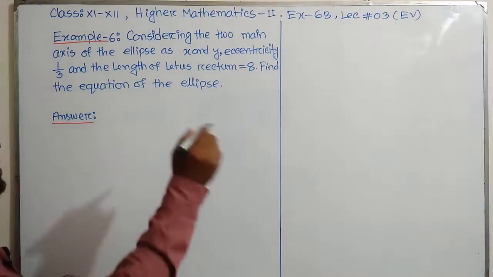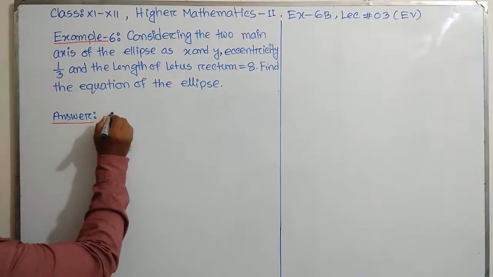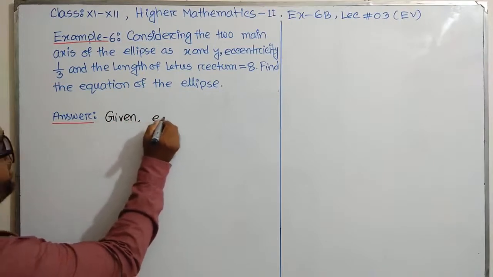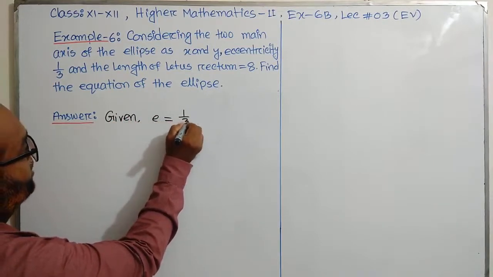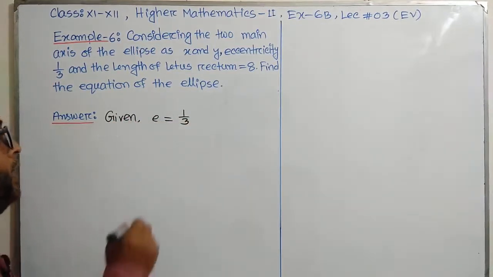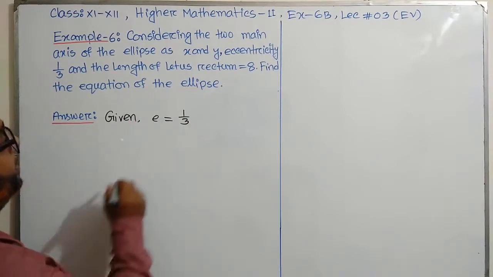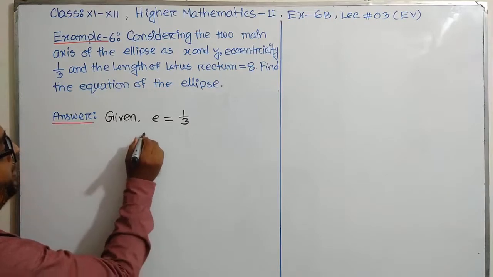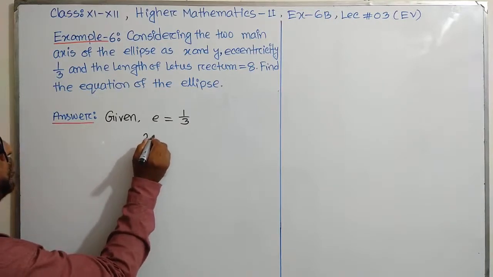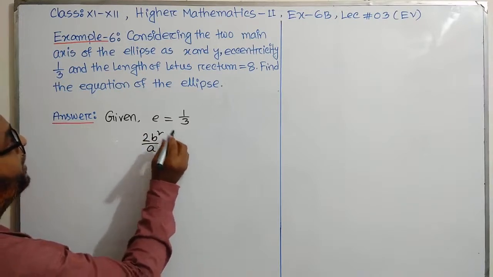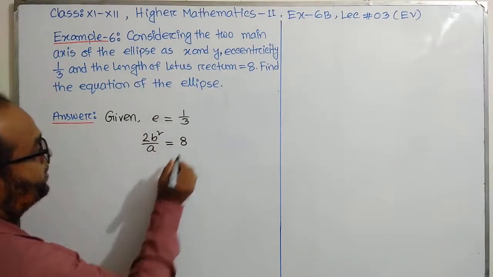So here given eccentricity equal 1 by 3 and length of latus rectum, this is 2b square by a, this equal 8.